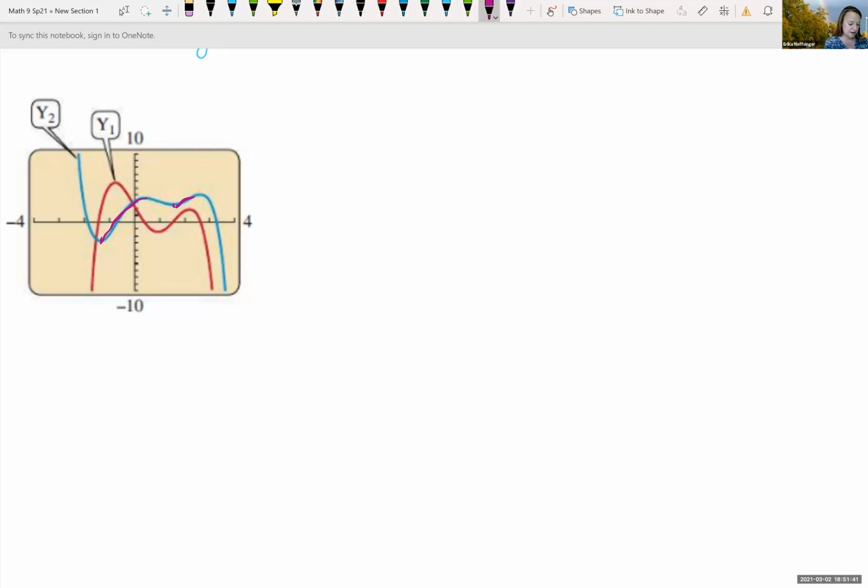So those x values would be about negative 1.5 to about 0.5, and then it's increasing from about 1.5 to about 2.5. These are not points, these are the x values where it's increasing.